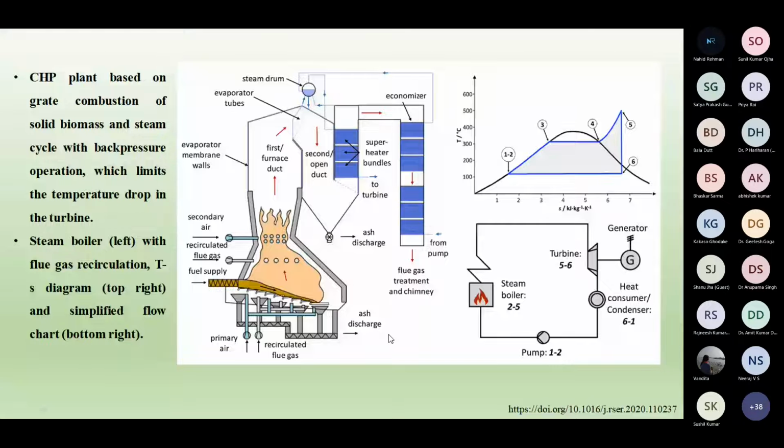So this is the schematic of the steam boiler, and the flue gas is recirculated. The flue gas which is coming out from that boiler is again recirculated to facilitate the boiling.